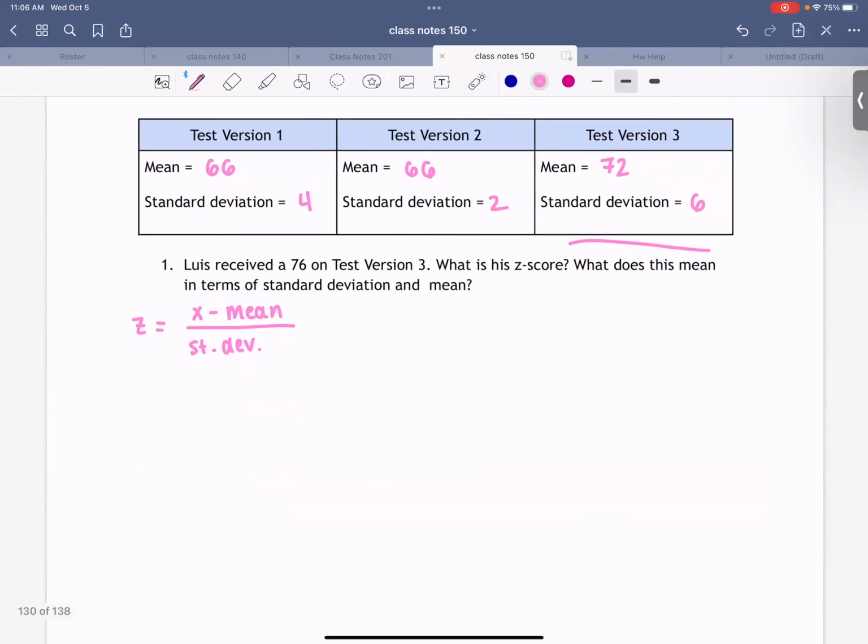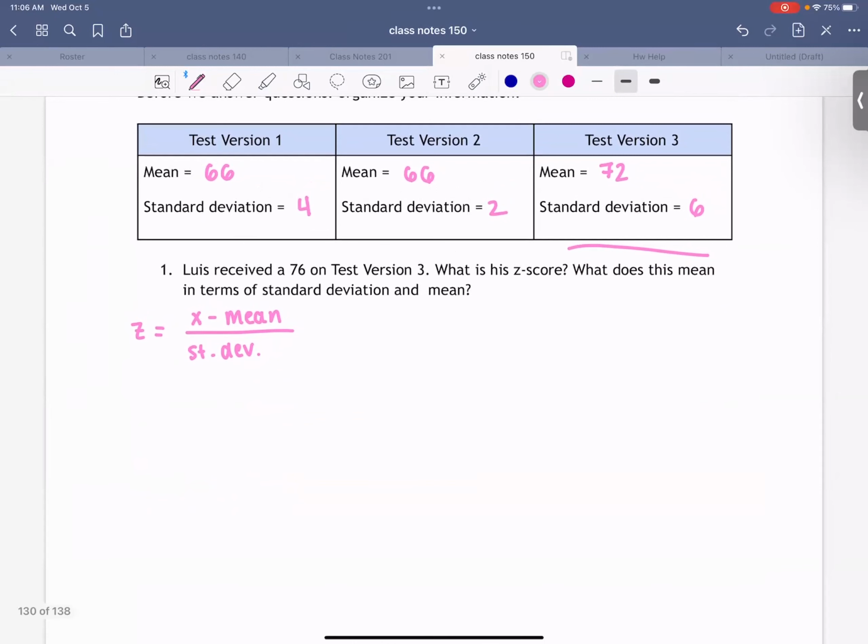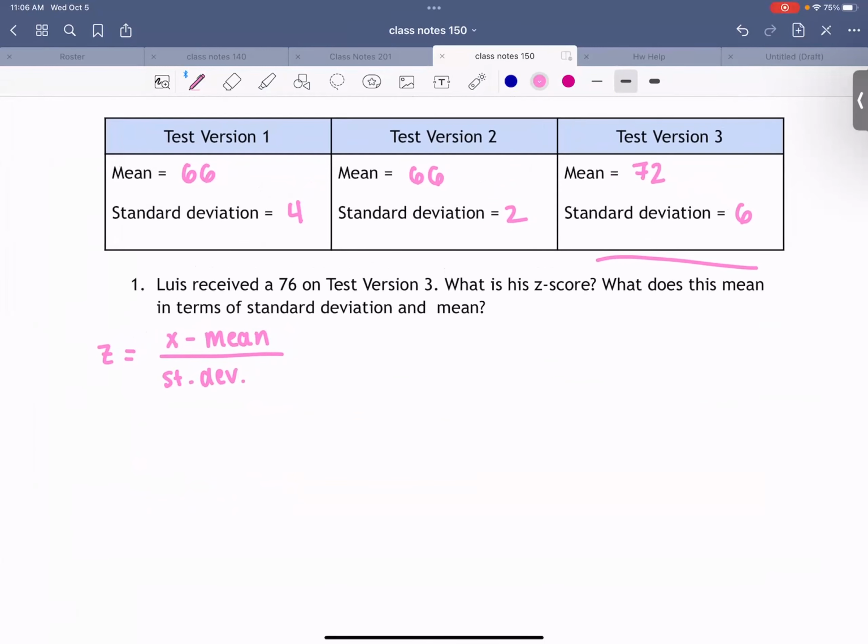Let's start with what we know. I know that the mean is 72, because under test version 3, I have 72. I know the standard deviation is 6. What does 76 represent? An x value, right? We're asking what the z-score is. Lewis received a 76. That's an actual data point, so x is 76.